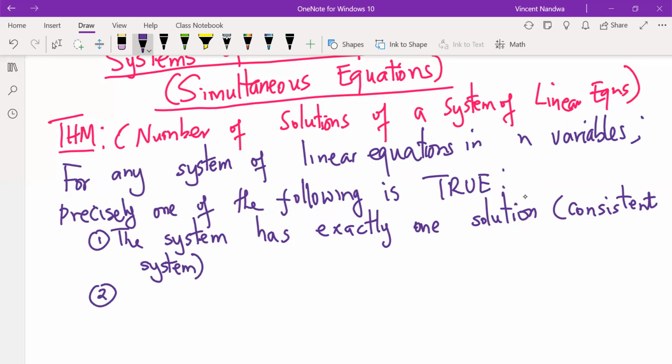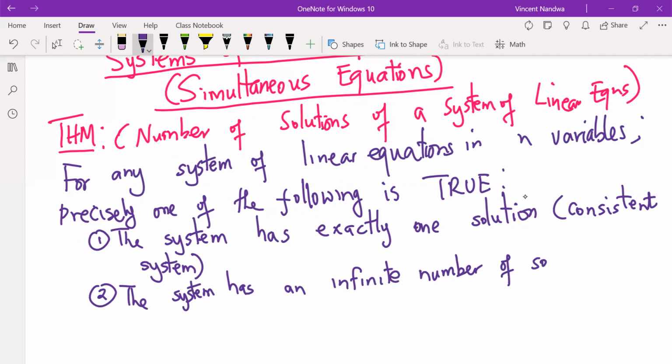Number two, the system has an infinite number of solutions. So this is still a consistent system.